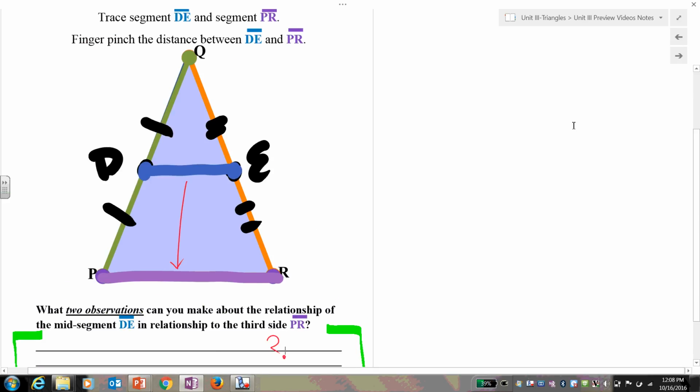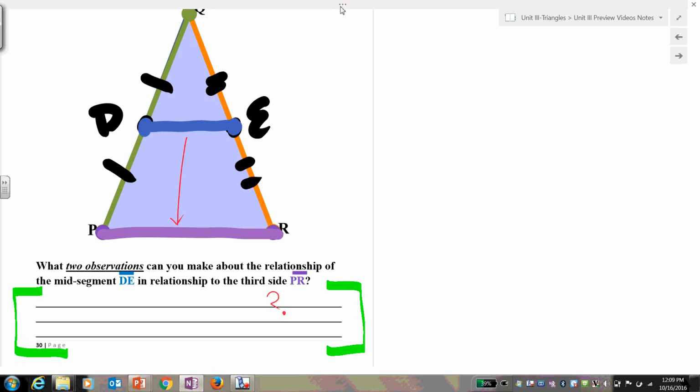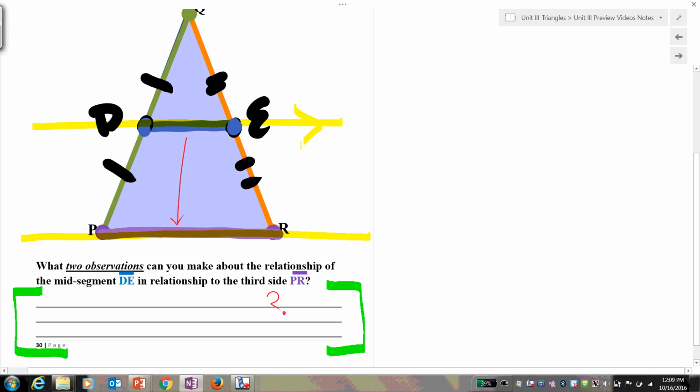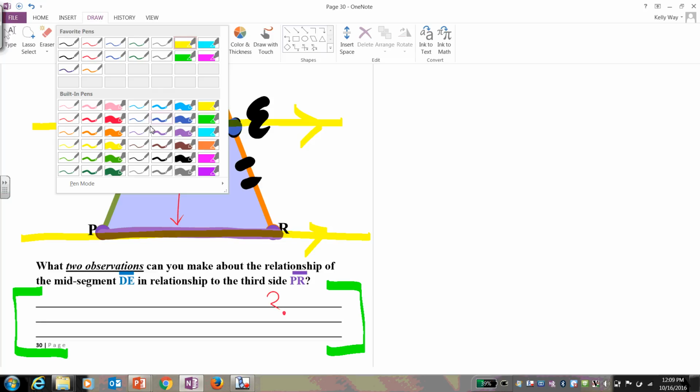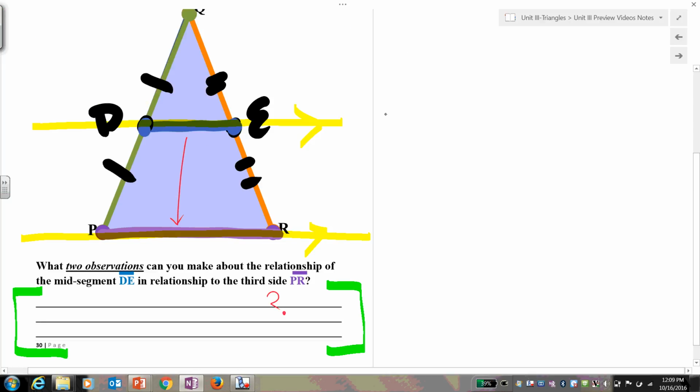Welcome back. What you should have noticed, a couple things. The first thing is the fact, if you trace and extend, it's easier to see. The first is that these two segments are parallel.